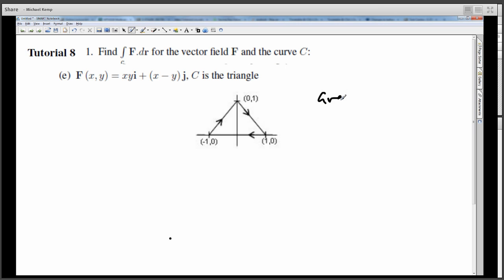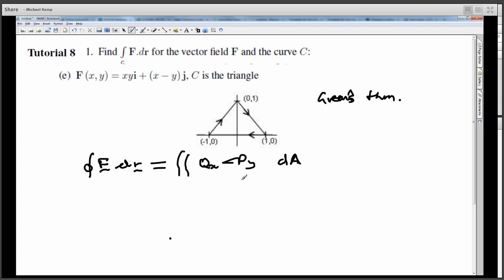So this is essentially an example of Green's theorem. What Green's theorem states is that if you're traversing a curve anti-clockwise, then the vector line integral can be equal to summing over the enclosed region of Qx minus Py, integrating over the whole area.